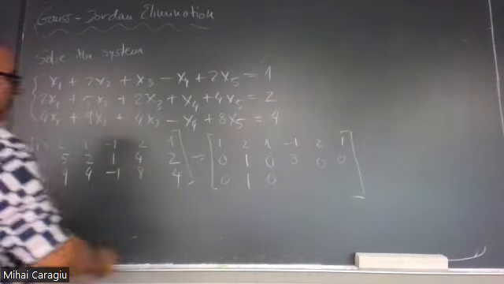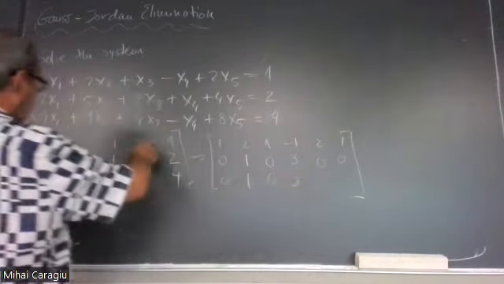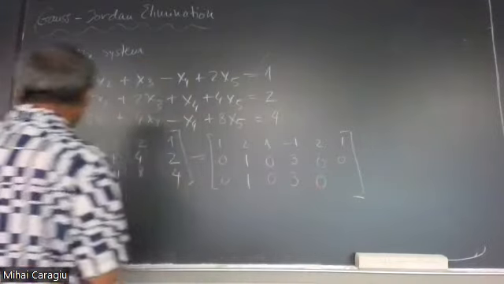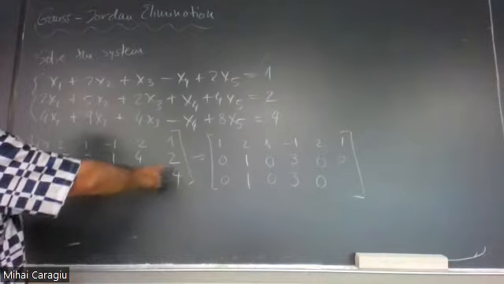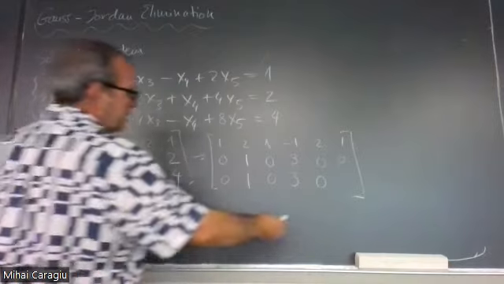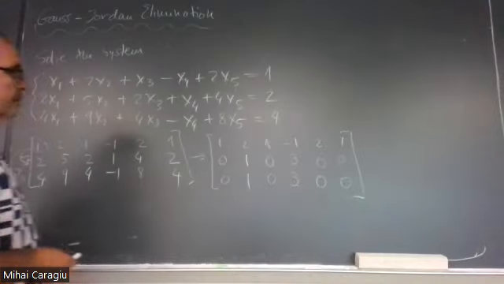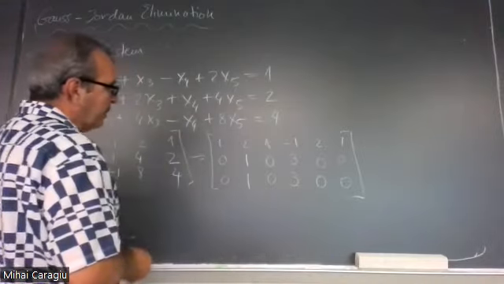Four minus 1 is 3. Then minus 8 plus 8 is 0. Then minus 4 plus 4 is 0. So row number 2 equals row number 3.